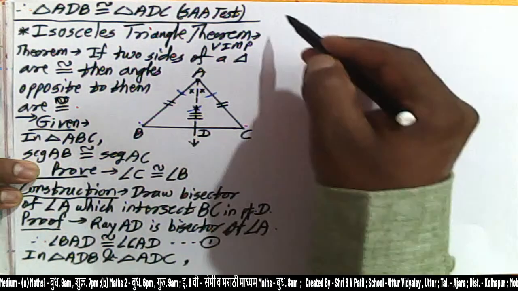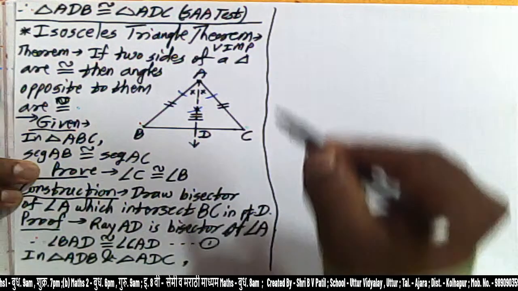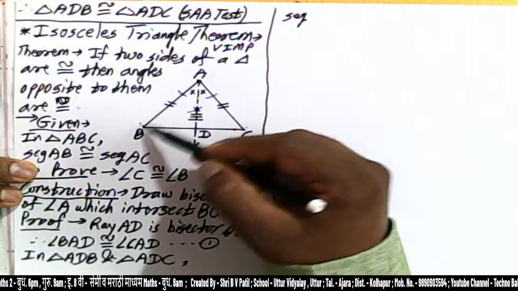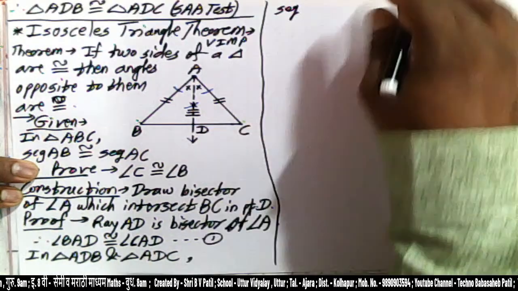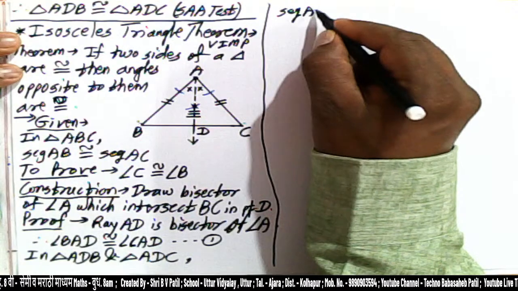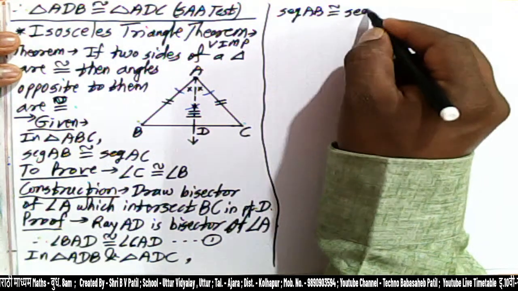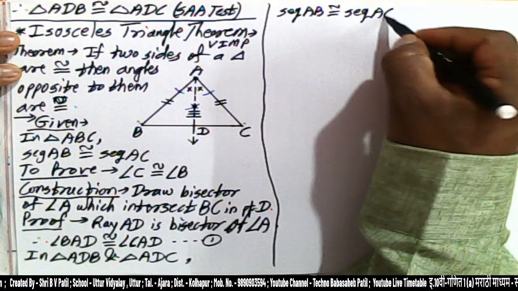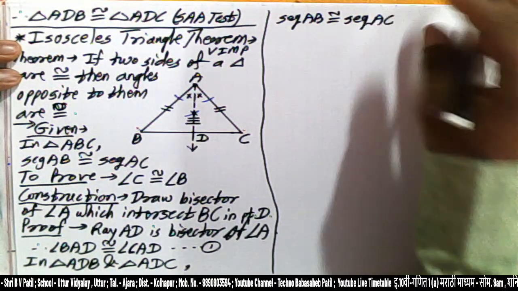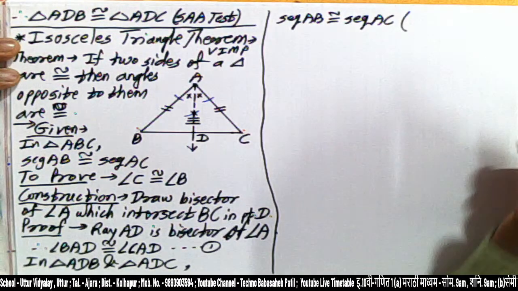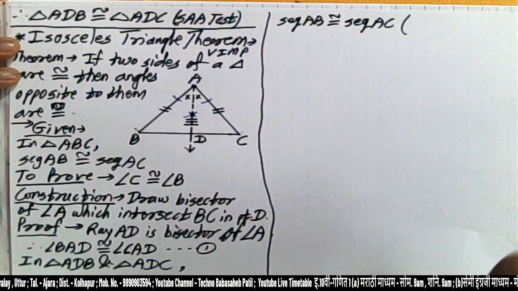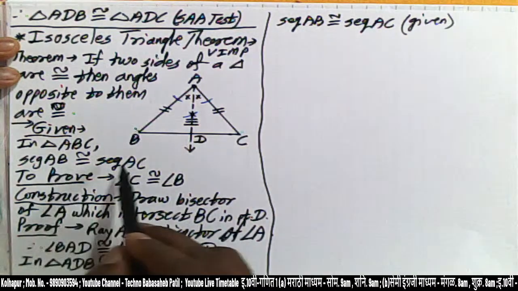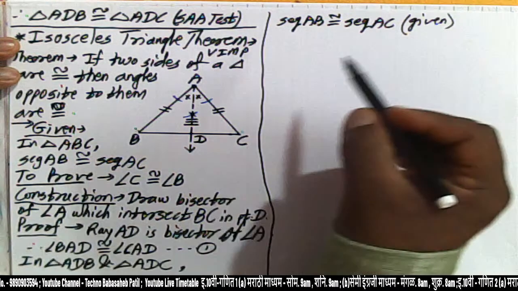Then the first condition is segment AB congruent, the second condition is segment AC, and the reason is, yes, this is given, इथं दिलेलं आहे segment AB congruent segment AC.